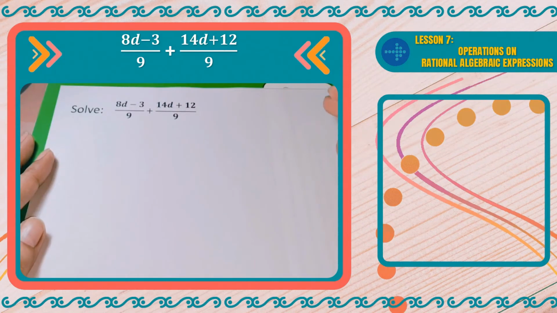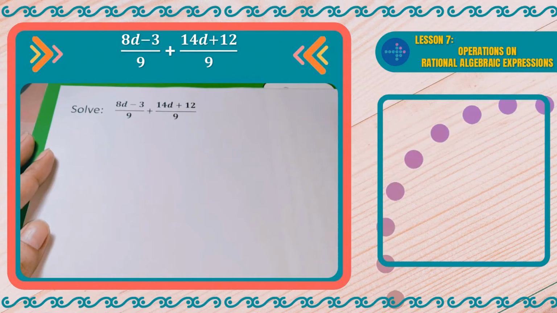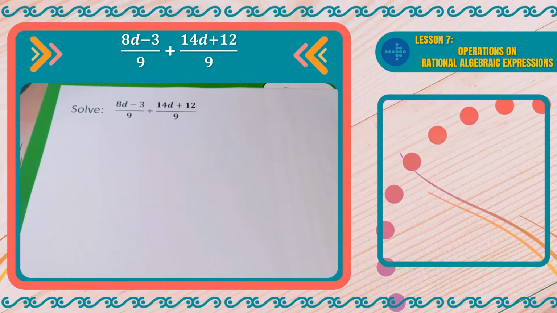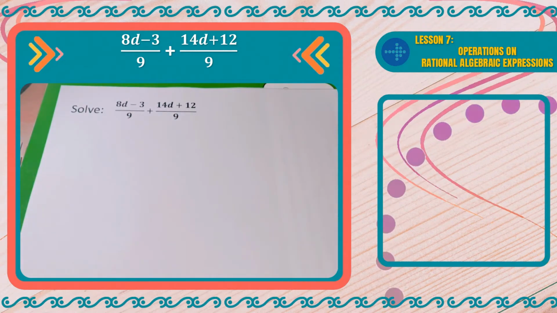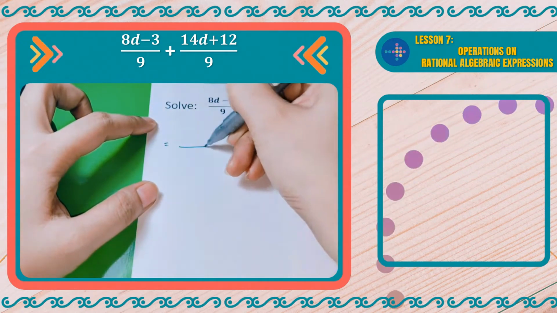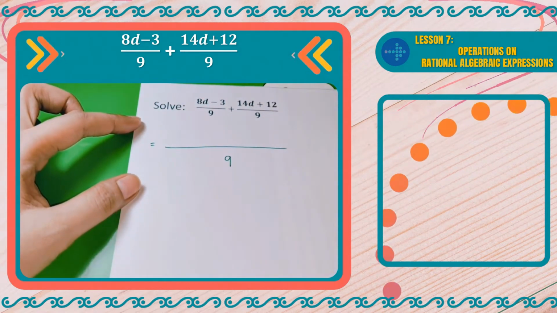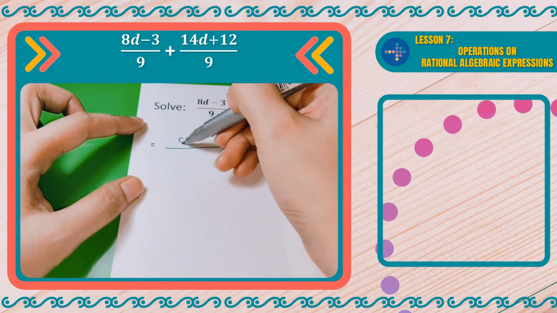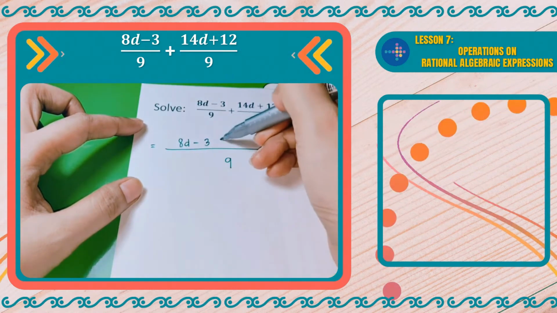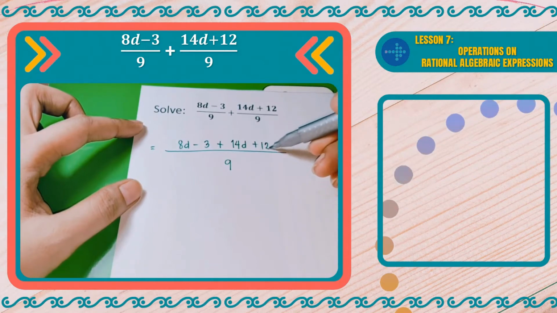So, the given is 8d minus 3 over 9 plus 14d plus 12 over 9. Pareho sila ng denominator, so let us copy the denominator 9. Then, add the terms in the numerator. So, we have 8d minus 3 plus 14d plus 12.